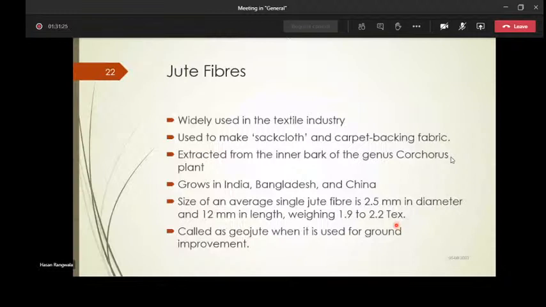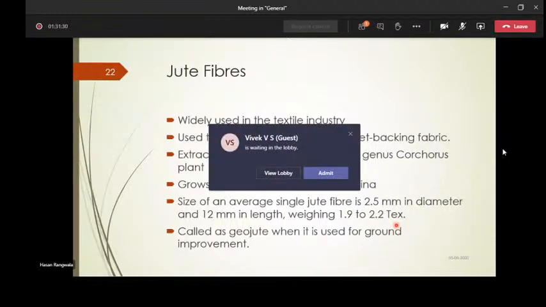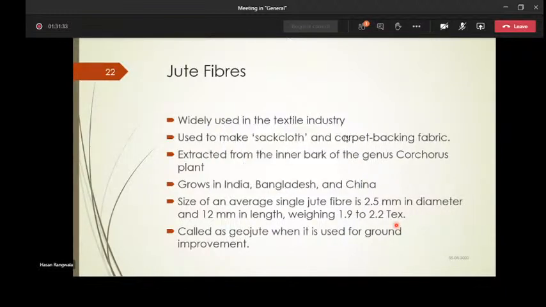Now, in this study, we have used jute fiber. Jute fiber is widely used in textile industries to make clothes, maybe carpet, packing fabric, and for various other applications. Typically, it comes from the jute plant. Okay, and it is plentifully available in India, Bangladesh, and China.